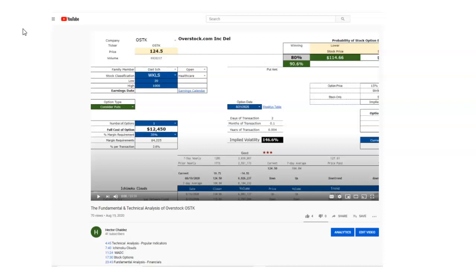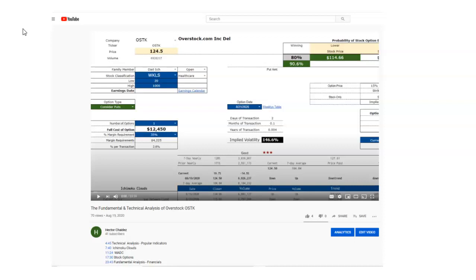Again, it is just another way for you, the individual investor, and I'm hoping that you make some money through different venues, meaning different ways through the stock market.